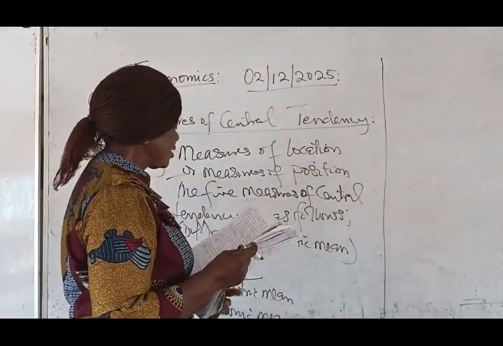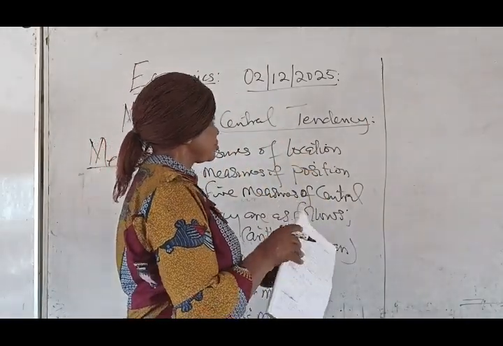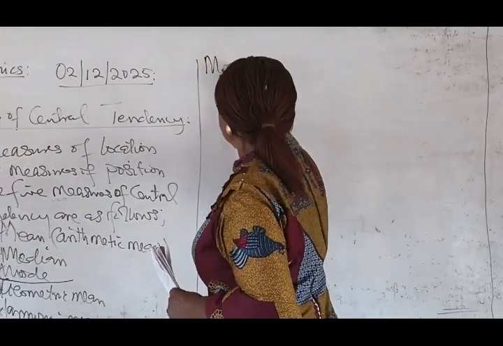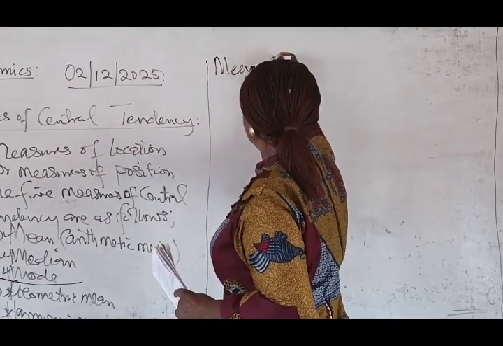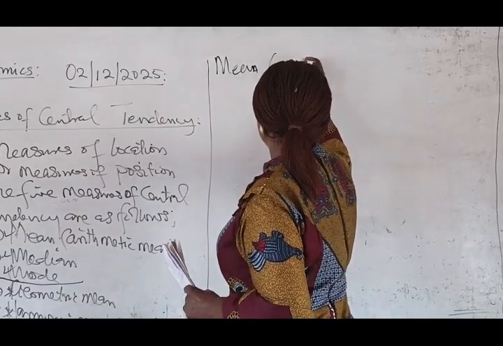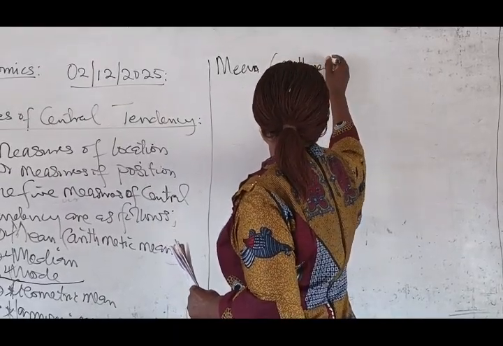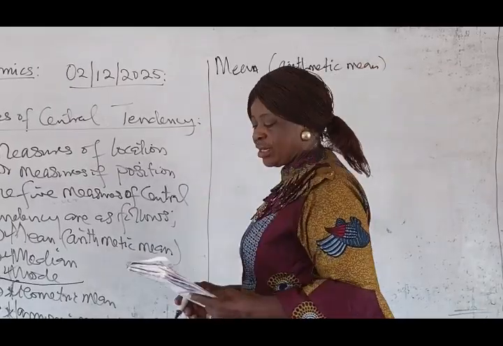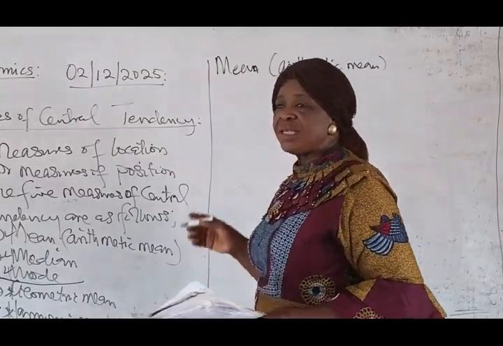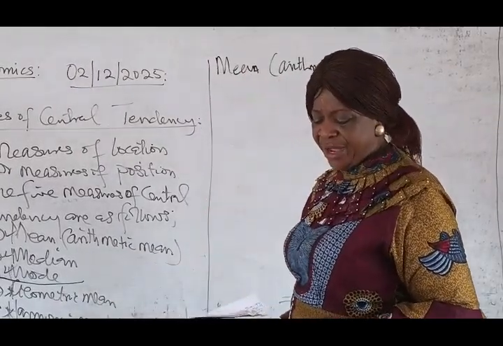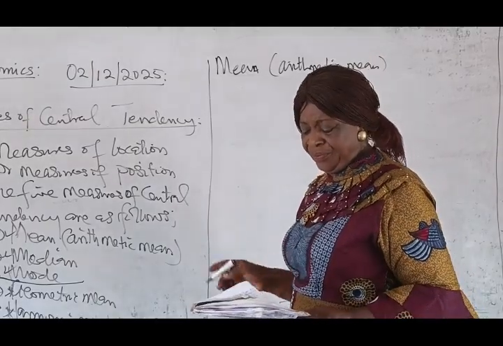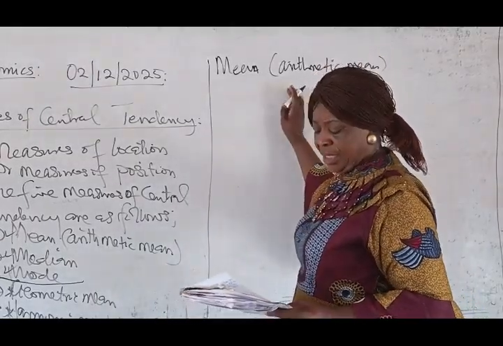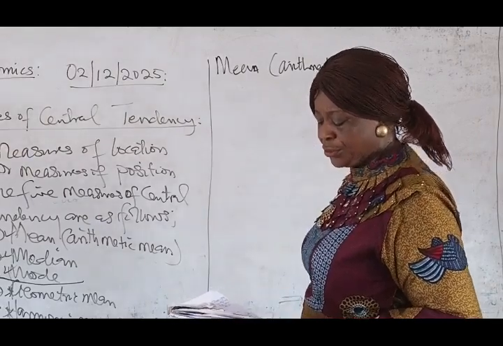I want us to start with the mean. The mean, remember I said, is also called arithmetic mean. And what is the mean? The mean is defined as the average value in a distribution.